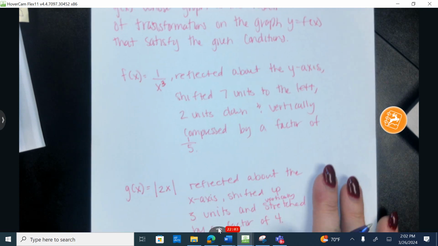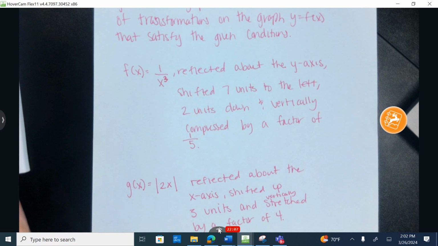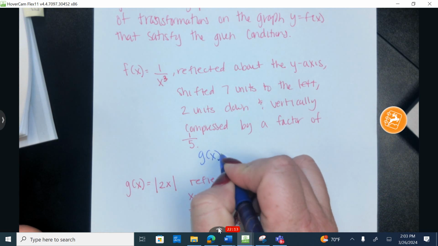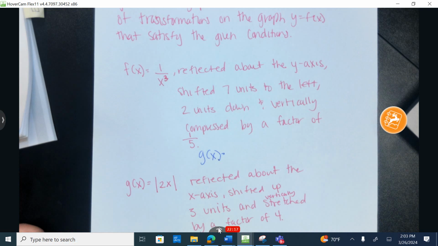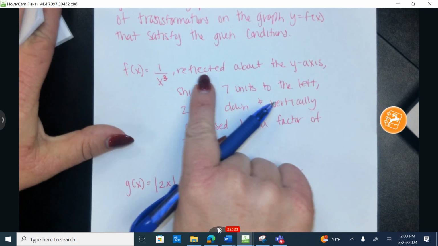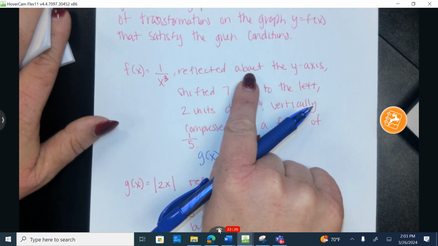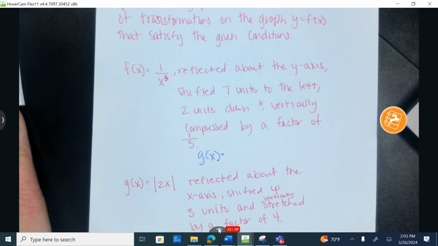Let's see if you can take this information and create a function. Go ahead, create a function with the following transformation. So what does g of x look like? If g of x takes f of x and uses this transformation, what does it look like? Reflected over the y-axis is how I prefer to say it.